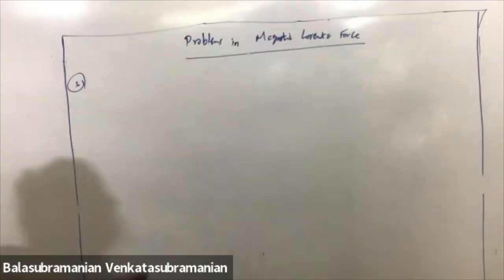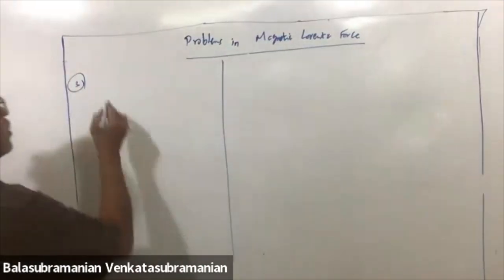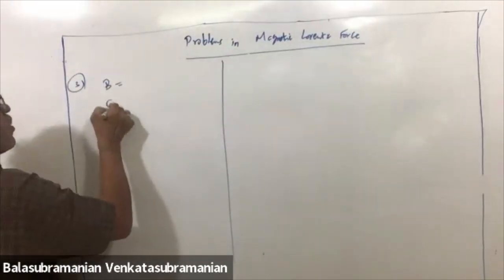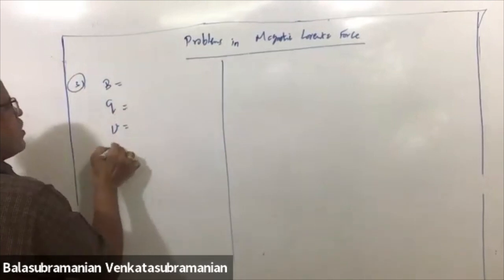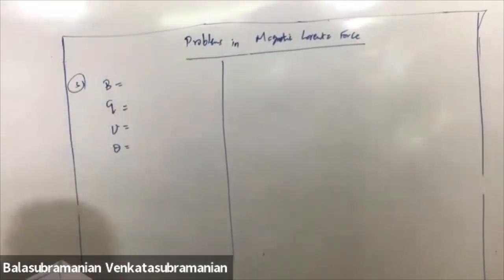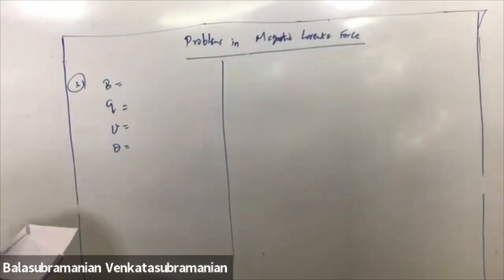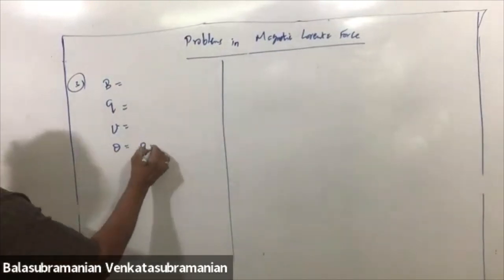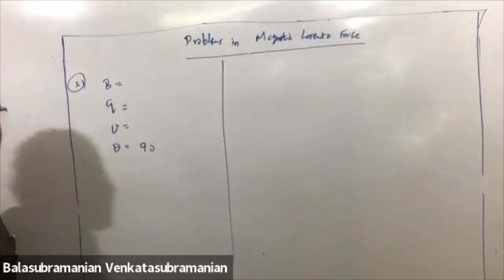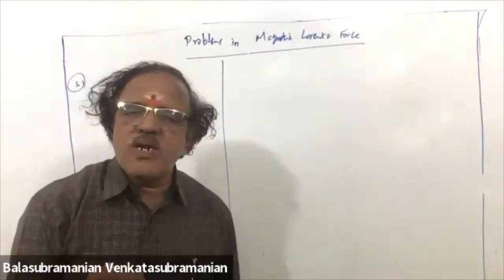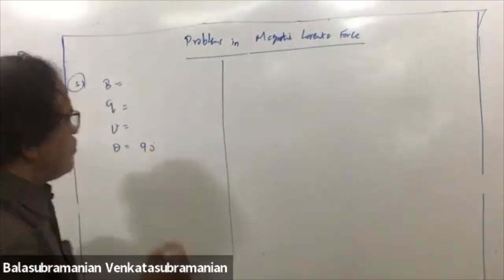First magnitude we will calculate. B, Q, V, theta. Theta here is perpendicular, so 90. Velocity 3 into 10 power 4 kilometer per second.